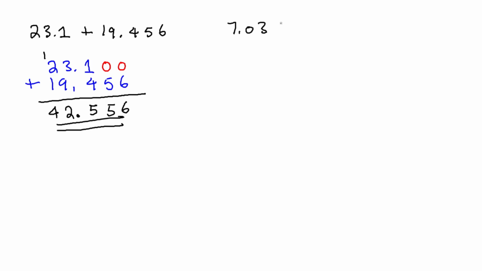Here's another problem. They will start to get harder. 7.03 plus 0.408 plus 2.5. So it looks intimidating, but you simply have to line up these decimal numbers. Always put the decimal first, then just write down the numbers. Decimal, and this is 2.5.